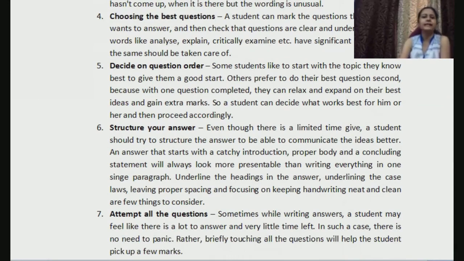But there are some students who try to attempt the ones where they do not know anything. They would feel like, okay, fine, let this question be answered, then I can, with peace, deal with the rest of it. So there may be different types of students. You can decide that, yes, I am going to write whatever I know best, and then accordingly I would proceed. So you need to decide your order also before going to the exam hall.